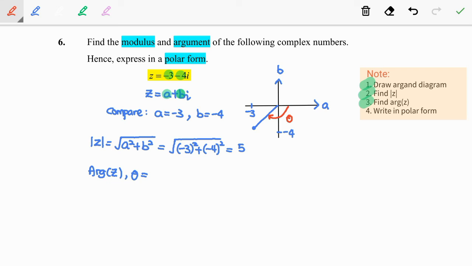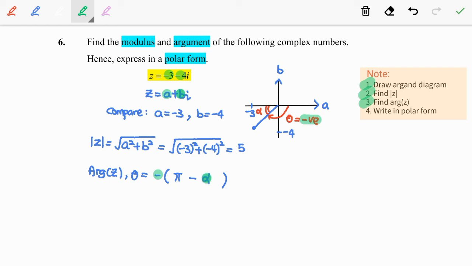This means the angle is negative. And for this part, we denote it as alpha. So the theta is equal to negative, in the bracket, pi minus alpha. We put negative in front because the theta is negative.